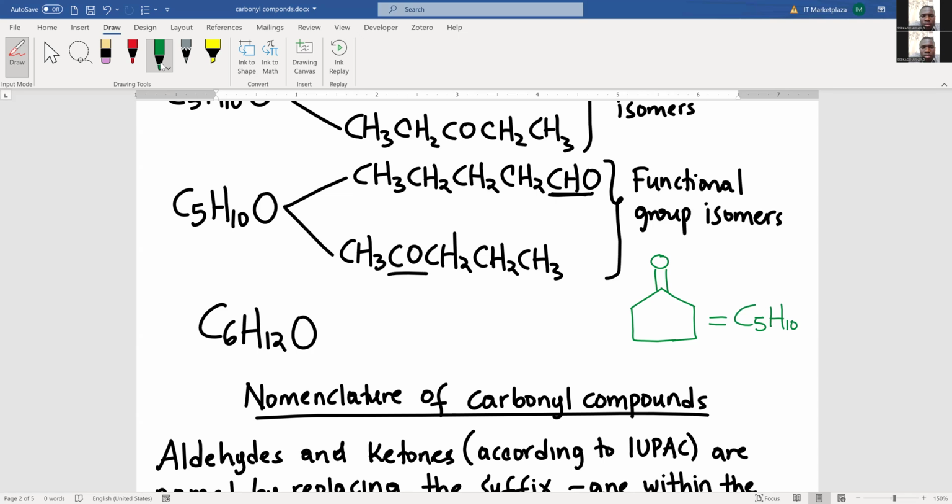Meaning that with a double bond, this C5H10 corresponds to that without a double bond. But if I add on a double bond, this is what I have.